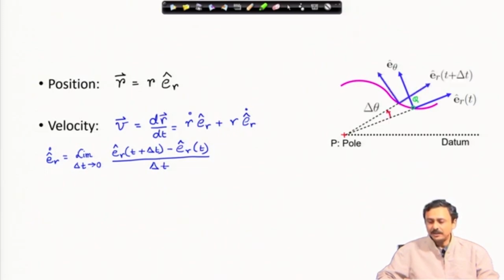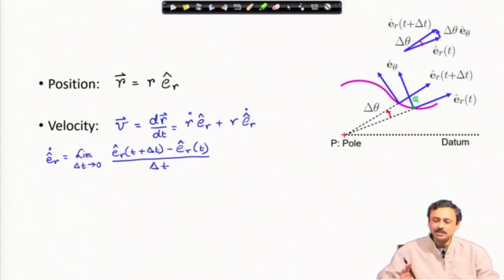So, we look at Er cap vector at 2 time instants, compare them, remember they are unit vectors. So, magnitude will not change, only the direction changes. And how much will the direction change? Exactly delta theta that I have shown here. So, that is the change in direction of Er cap vector as it moves from time t to t plus delta t.